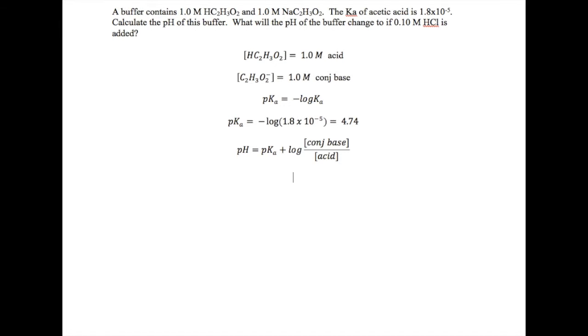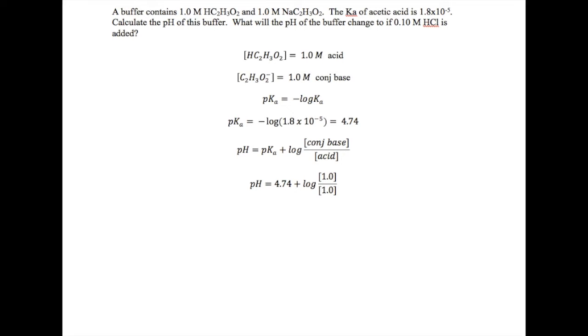Now that we have this equation, we can easily substitute the concentrations in. Notice that above I identified which thing was the acid and which thing was the conjugate base. This should make it a little bit clearer as to which molarity goes where. It wouldn't really matter for this problem being that both concentrations are 1.0 molar. So now that we've substituted the numbers in, we have that the pH of this buffer solution equals 4.74, which is the pKa value that we calculated before, plus the log of 1 divided by 1.